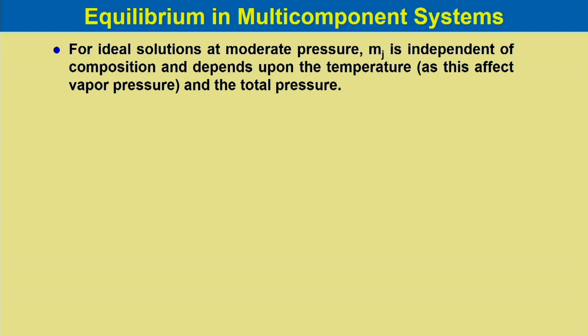For ideal solutions at moderate pressure, m is independent of composition and depends upon the temperature, as this affects vapor pressure and the total pressure. So, if we consider an ideal solution at moderate pressure, m we can consider as independent of the composition, but it will depend upon the temperature and the total pressure.